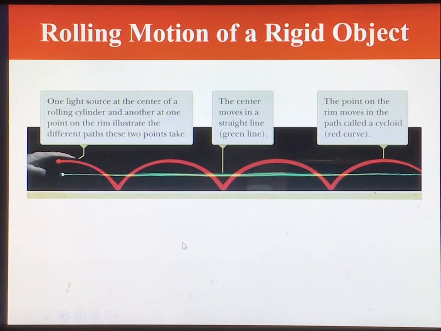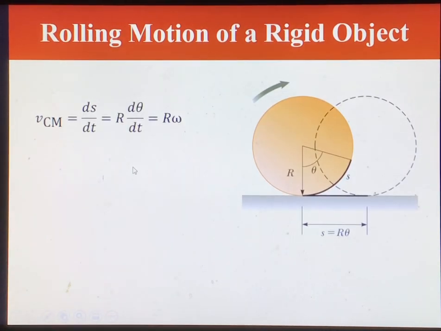Now we just want to talk very briefly about the rolling motion of a rigid object. If you have an object that is rolling, we can distinguish between translational motion and rotational motion. The picture on the next slide really explains what is going on.